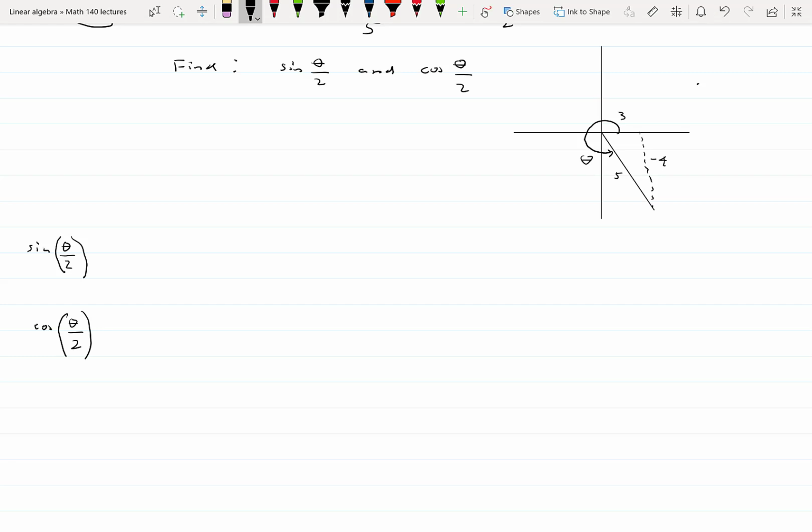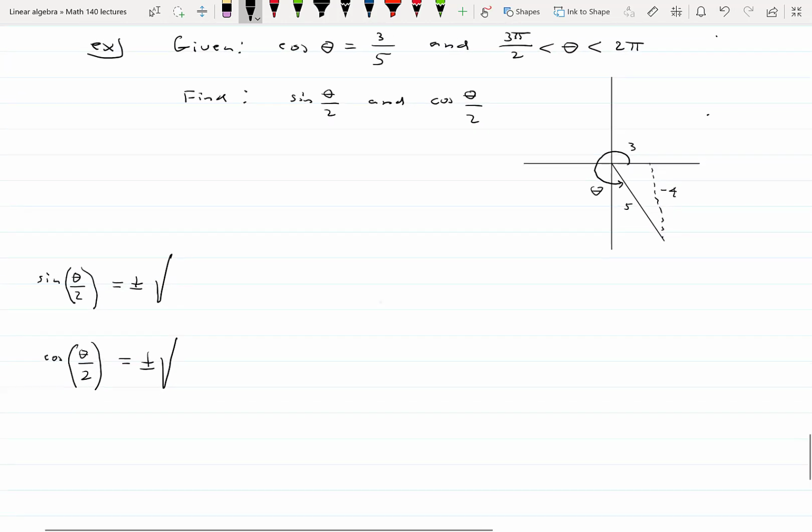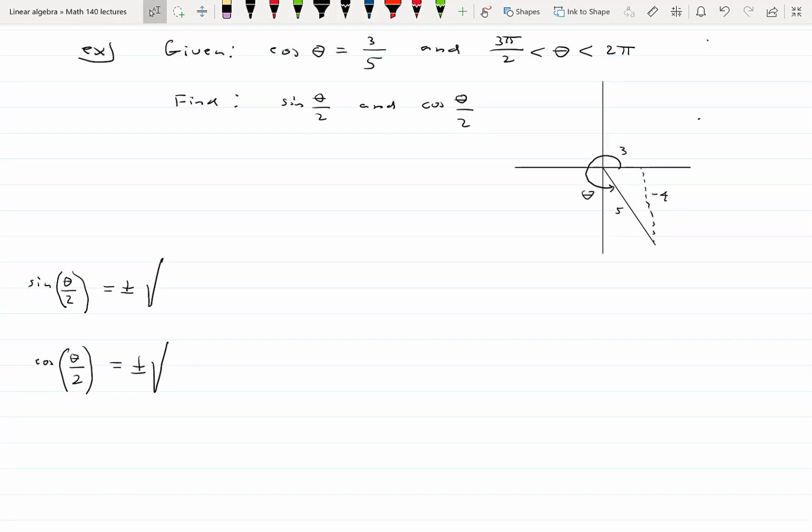The formula for the sine of theta over 2 says it's plus or minus the square root of 1 minus the cosine of theta over 2, and for the cosine, 1 plus the cosine of theta over 2.